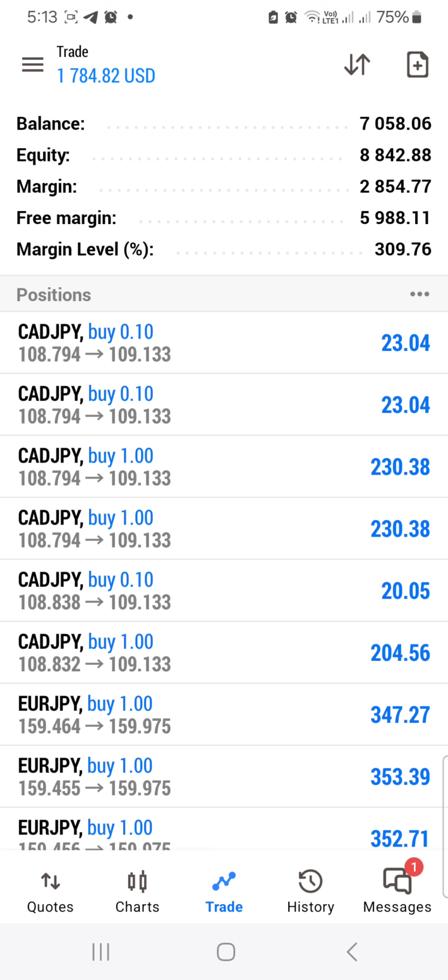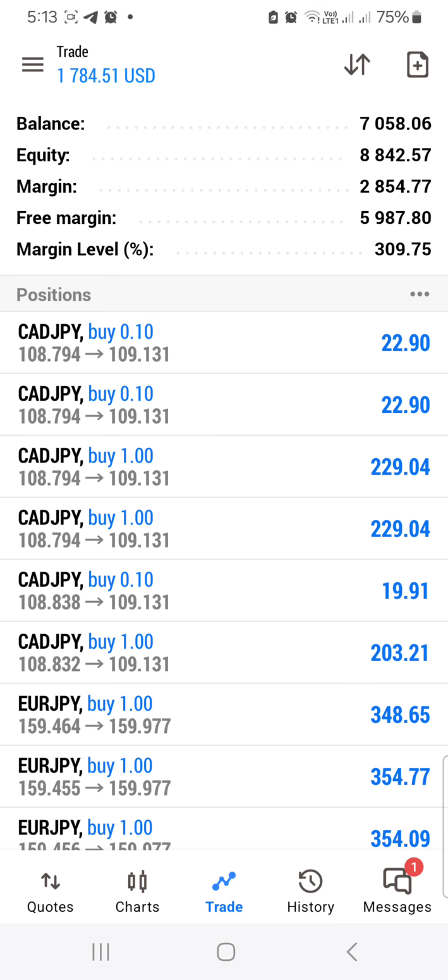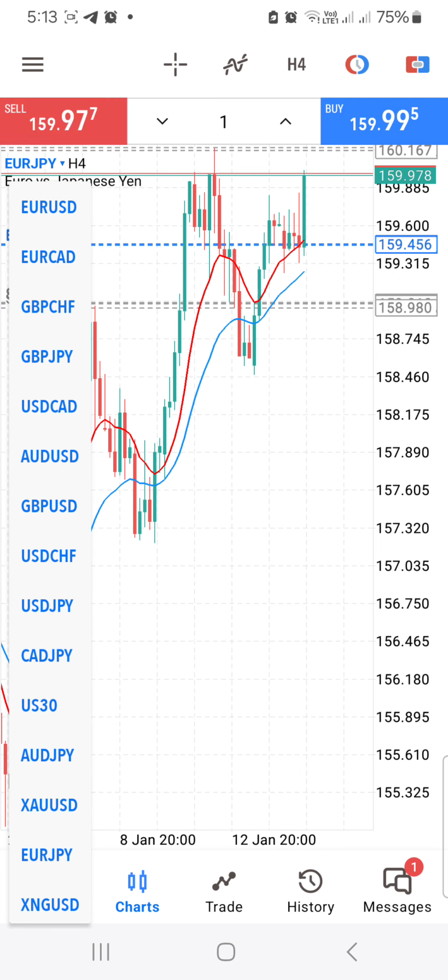You can see this is beautiful. We made almost 3,000 for today. The trade is trading. It's all looking beautiful. If this take profit does not hit, I'm going to hold this trade.